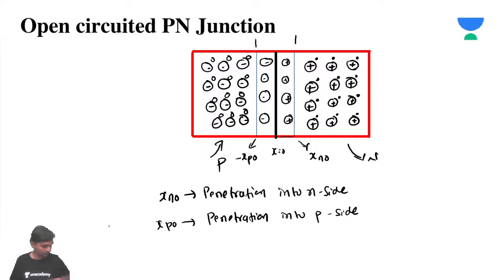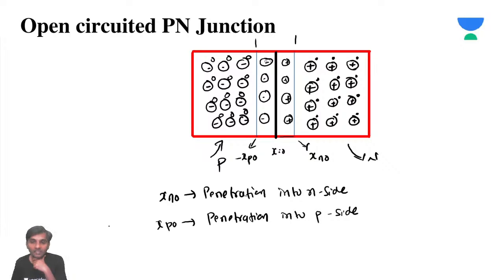Now a very important thing to remember here. All positive immobile ions exist here, and all negative ions exist here. It looks like there exists an electric field. At xp naught the negative ions are accumulated, and here the positive ions are accumulated.